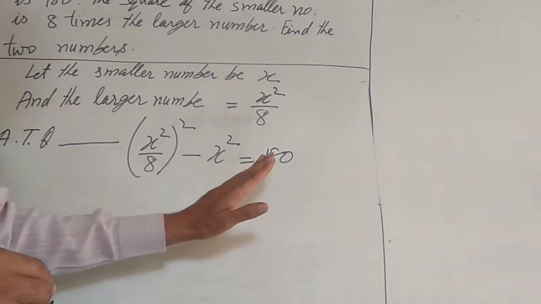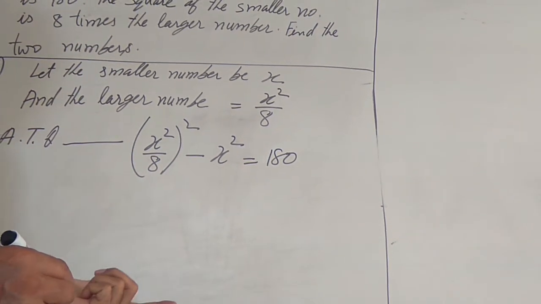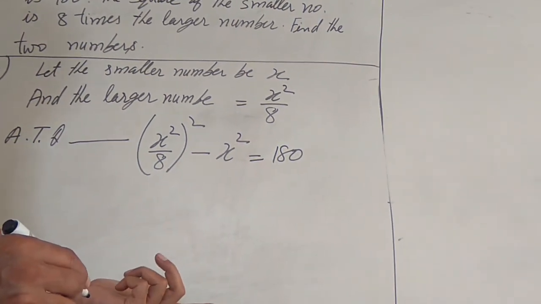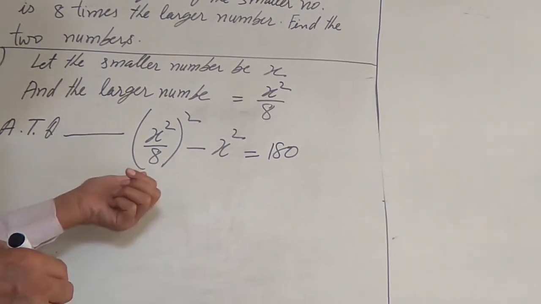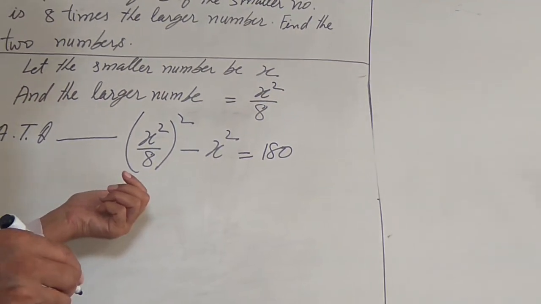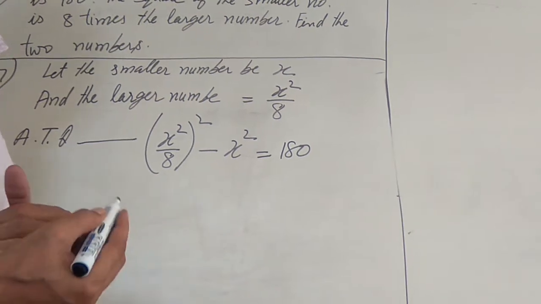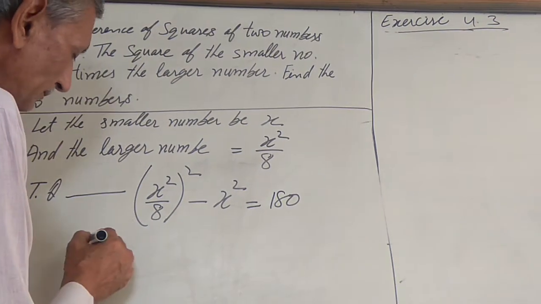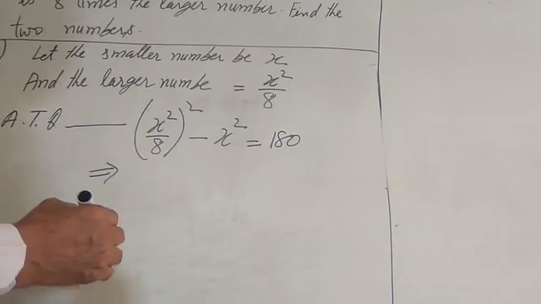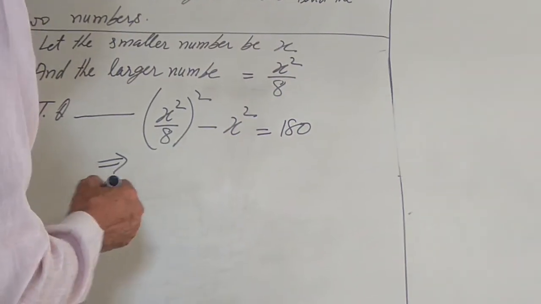If we have understood this, then we will find the going very easy. If we are unable to frame the equation, then of course the going is tough. So let's multiply.